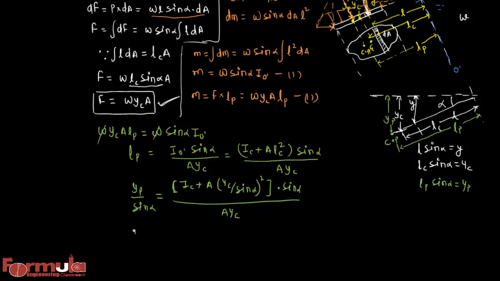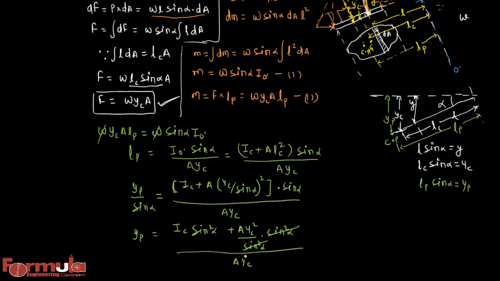So we can write YP will be equal to IC sin square alpha, then plus A YC square, divided by sin square alpha, and this whole term is divided by A YC. So this term is out.